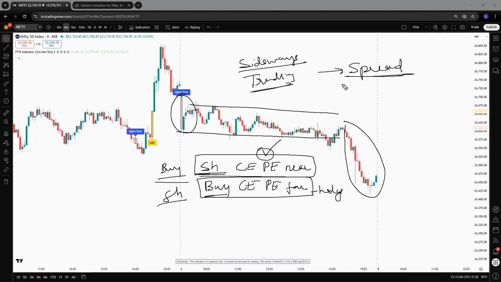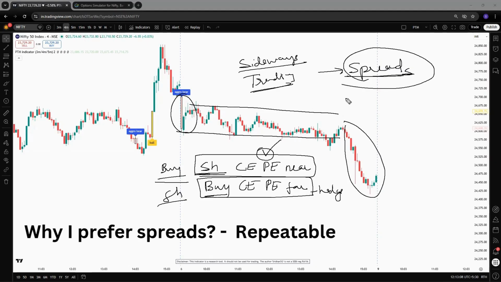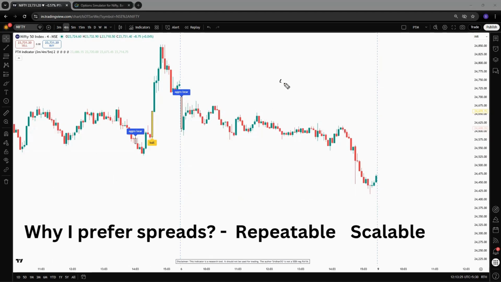The best part about spreads is that they are repeatable. Most important point, for any strategy, it can be repeated 100 times. Then it is very simple to understand. Also, it can be scalable. So today, suppose I told you for a part-time business, you need 5 lakh capital.